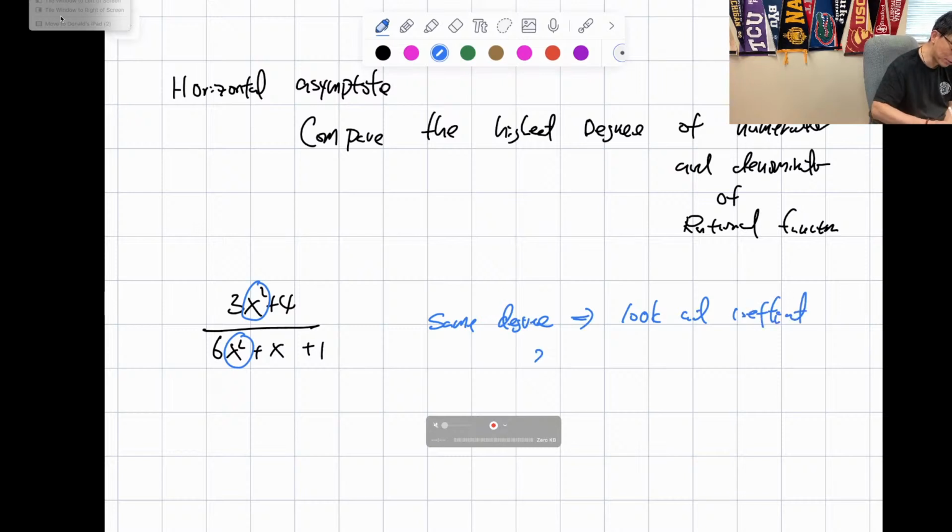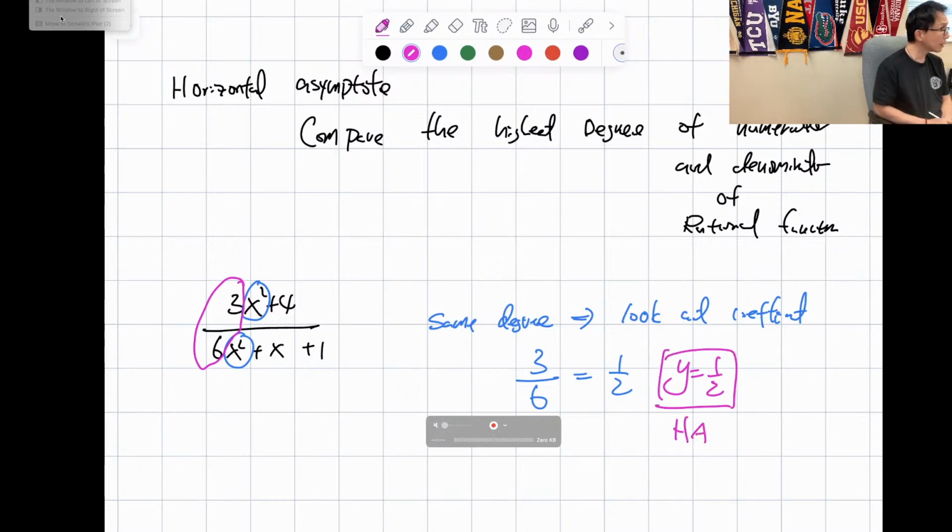So in this case, it's 3 over 6, which is equal to 1/2. So that means y equal to 1/2 is your horizontal asymptote. Does that make sense?